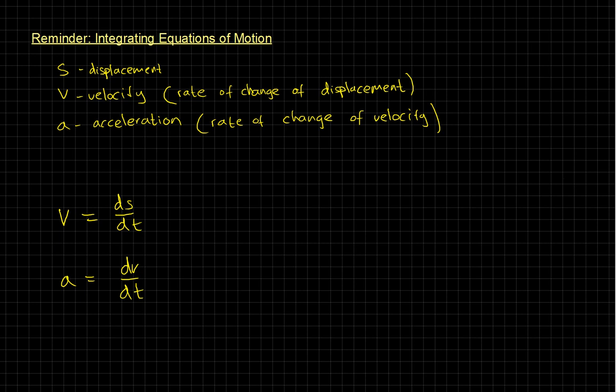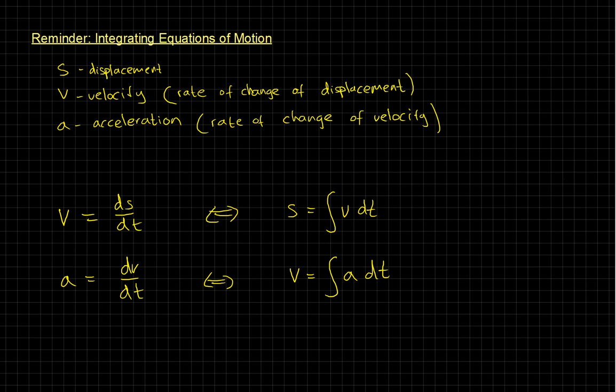And then kind of equivalent to these, we can also say, I'll put double arrows to show it's equivalent, that displacement is the integral of velocity with respect to time. And equivalent to this statement here, we've got velocity is equal to the integral of acceleration with respect to time.